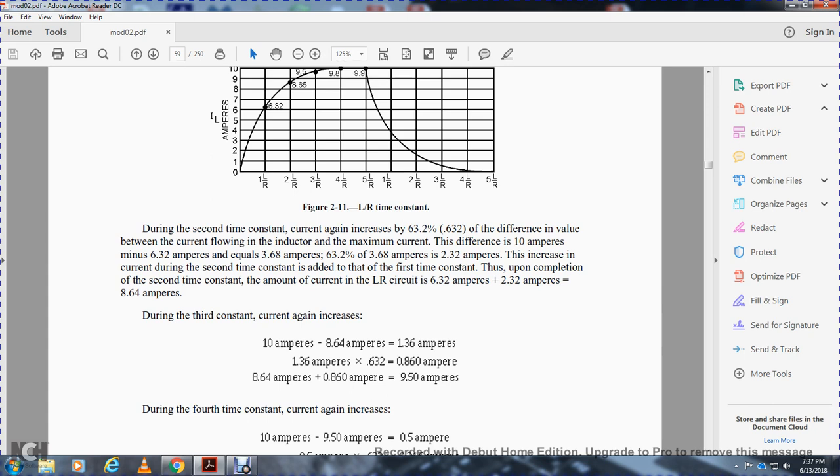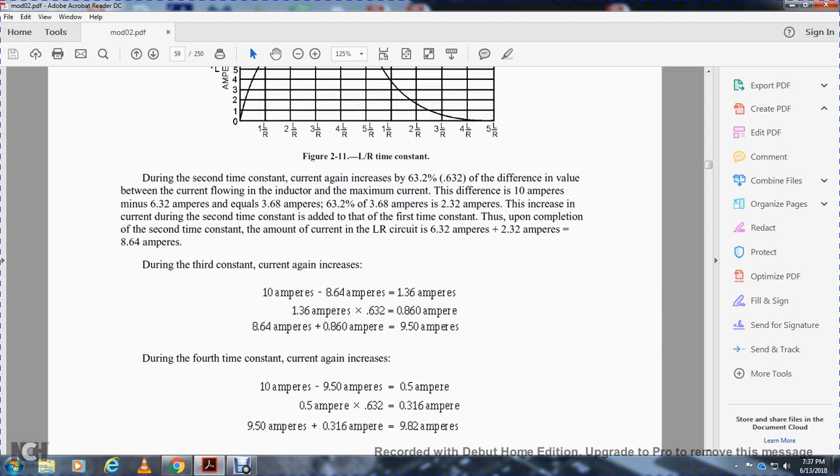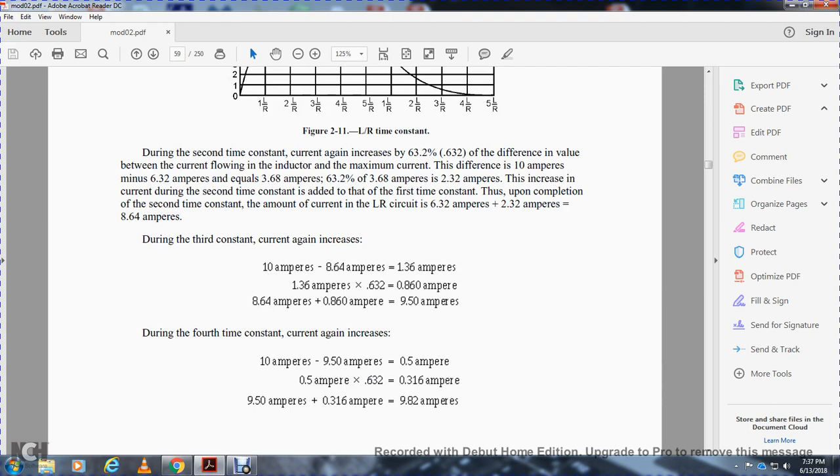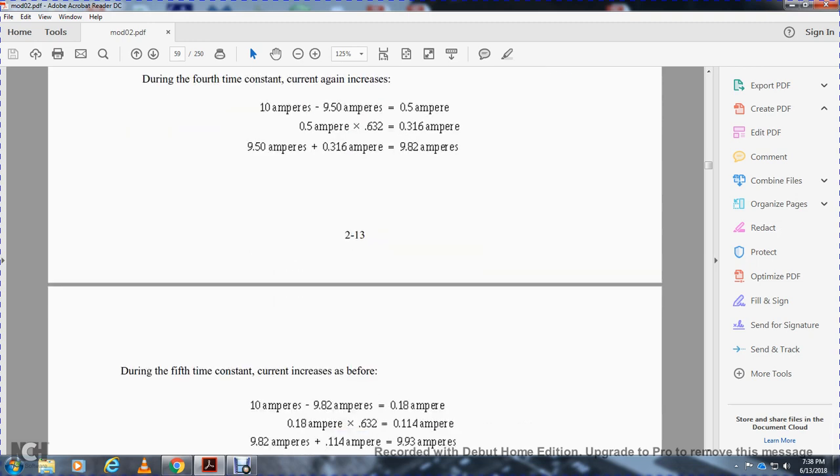So 8.64 amperes plus 0.86 is 9.5 amperes. Then the fourth constant: 10 amperes minus 9.5 amperes gives you half an ampere, and 63.2% of that is 0.316 amperes. You add that to your third constant and you get 9.82 amperes. And remember, this is the growth.